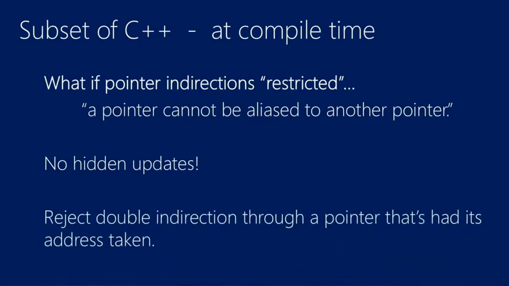And what we could do is reject double indirection through a pointer that's had its address taken as a warning or an error at compile time. It's really hard to prove, but once you do this, the engineering of the alias analysis and type propagation turns into something that's a lot easier to do and a lot more predictable.